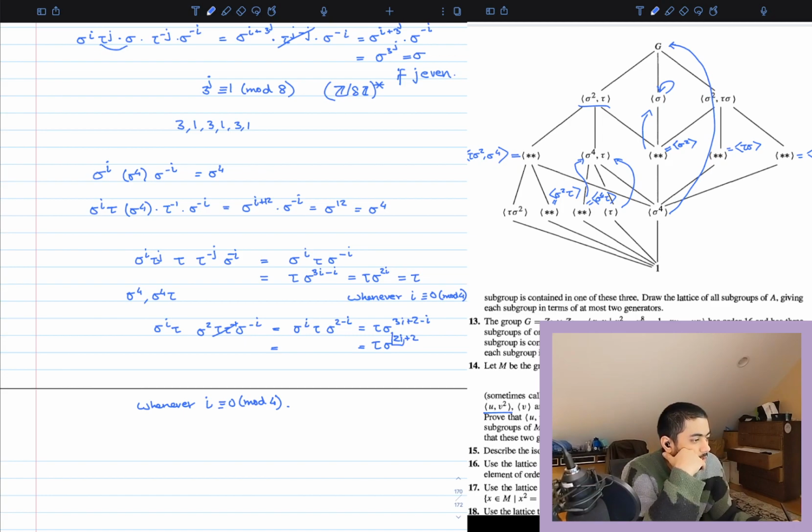And of course this 2i section is going to disappear when i is once again a multiple of 4. So what does that mean? That means the stuff that commutes with sigma squared tau is all the multiples of sigma squared tau, and then sigma to the 4 and sigma to the 4 tau. So the powers of this and this stuff, which means that we are going to centralize here.